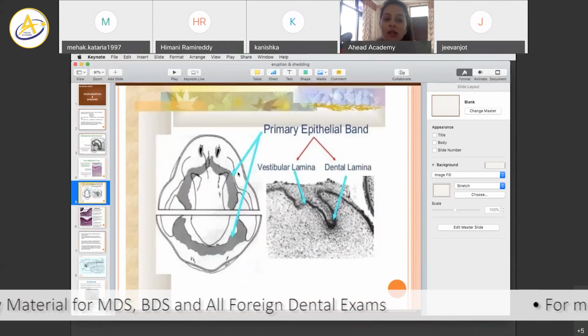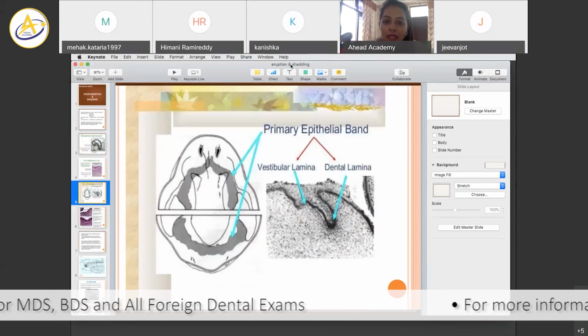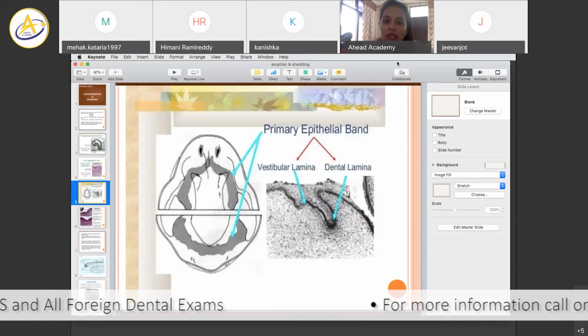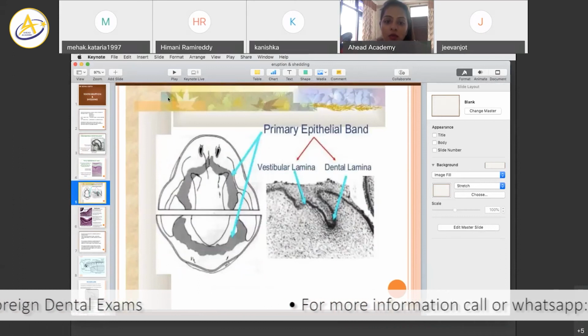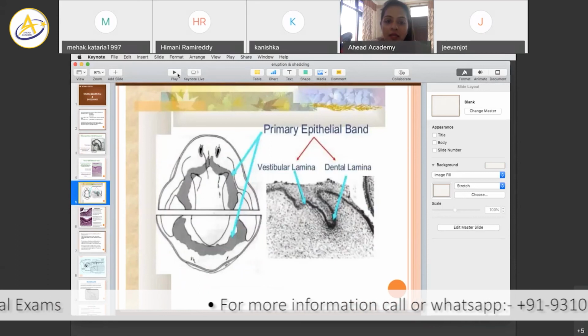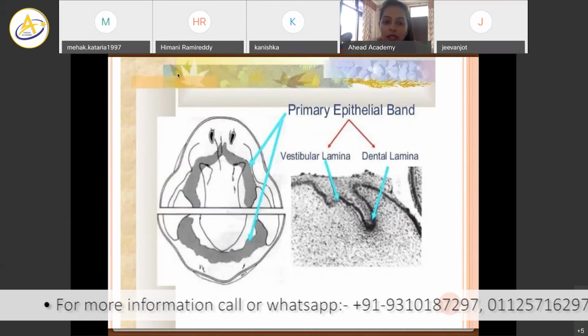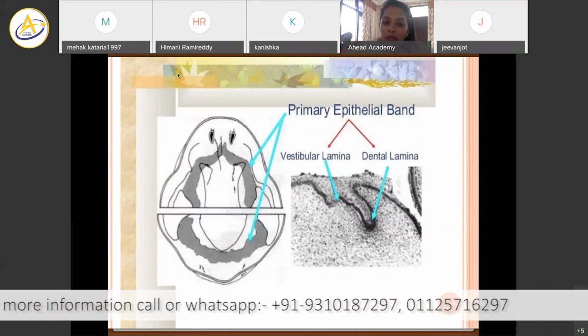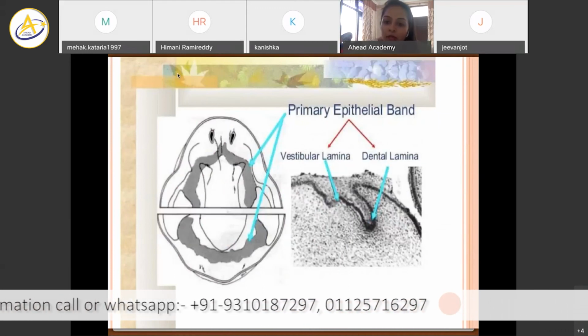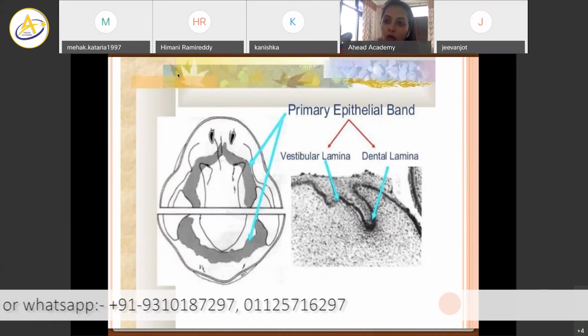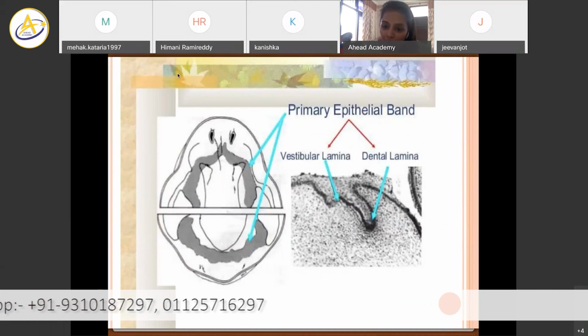You have here the primary epithelial band. This is the picture I am showing you for the primary epithelial band. The blue arrows show the upper one for the maxilla and the lower one for the mandible, and both are your horseshoe-shaped primary epithelial band.